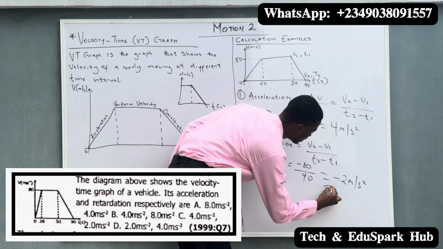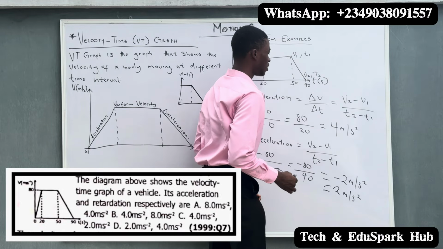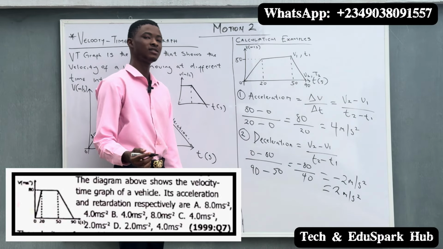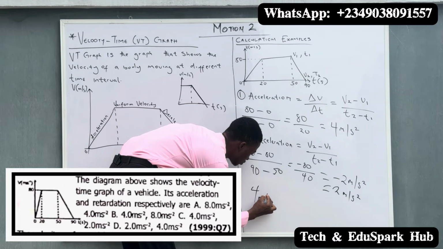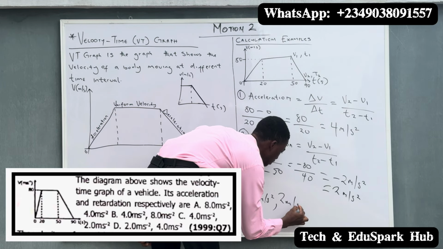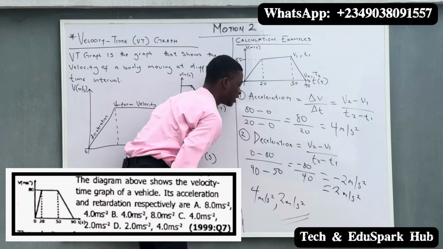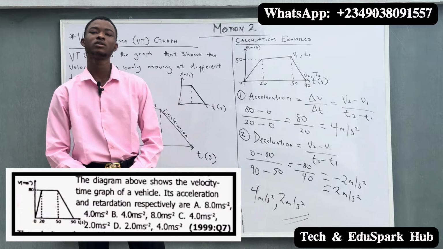Our deceleration is 2 meters per second squared. So the acceleration and retardation respectively are 4 meters per second squared, 2 meters per second squared. This is our final answer, and option C is obviously correct.